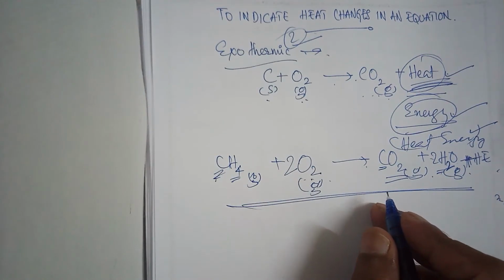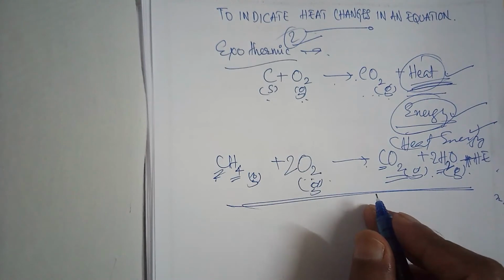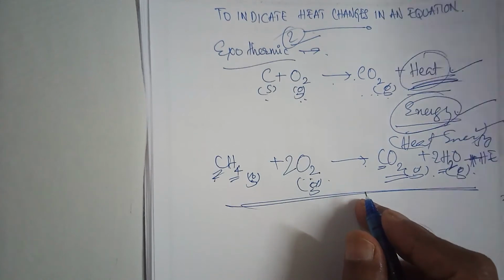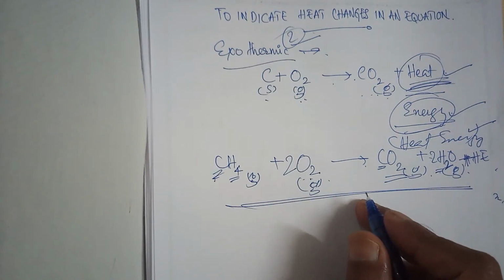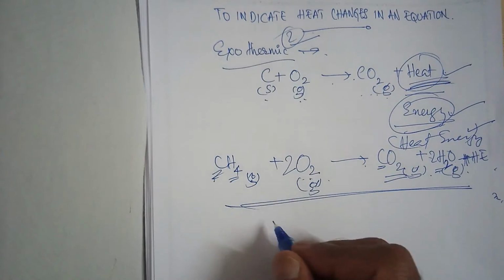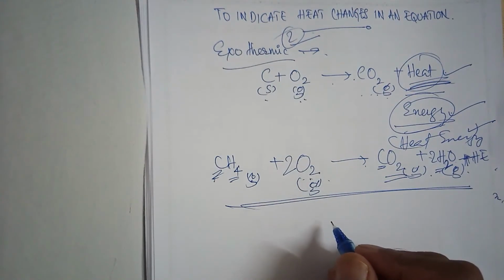So these are known as exothermic reactions. What about glucose? When we consume food, we get energy from the food we eat. So the glucose, when it undergoes slow combustion by combining with oxygen in the cells of our body to produce energy, it is also an exothermic reaction.